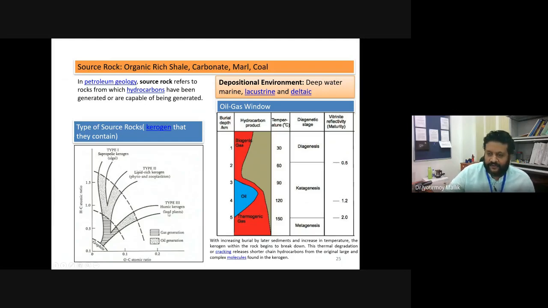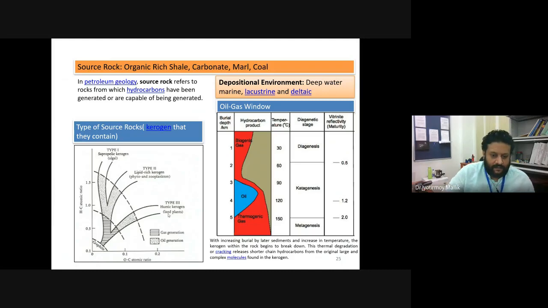And if the source rock's TOC is contributed by land plants, we call it a humic kerogen or a type 3 source rock. Okay, so humic kerogen rich source rocks are called type 3 source rocks.